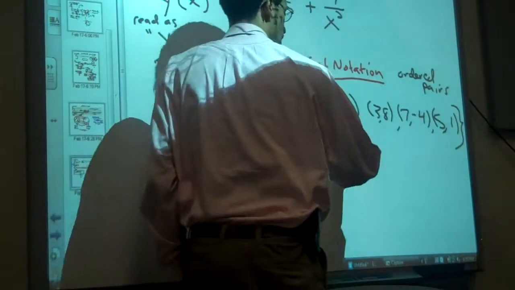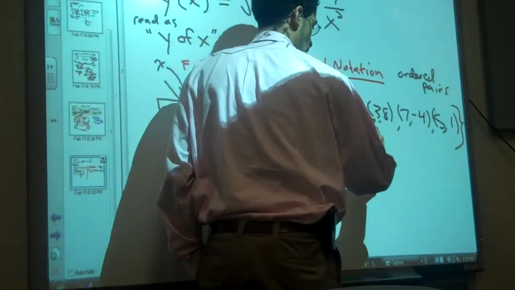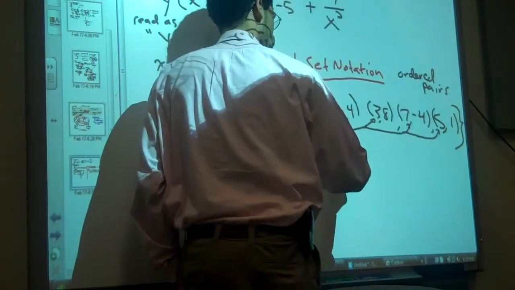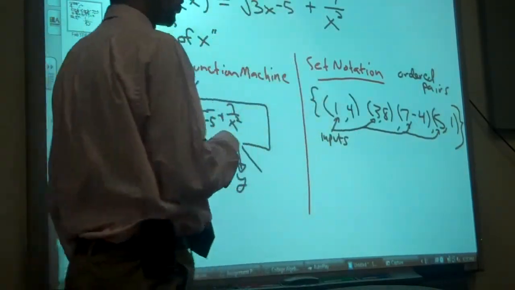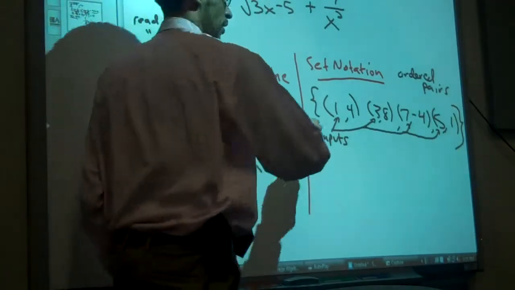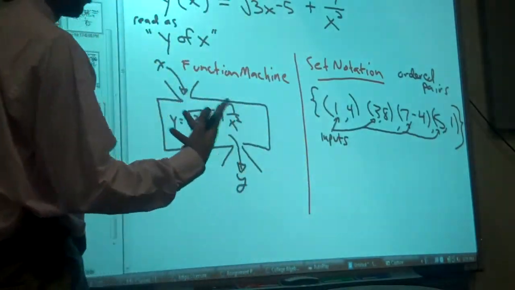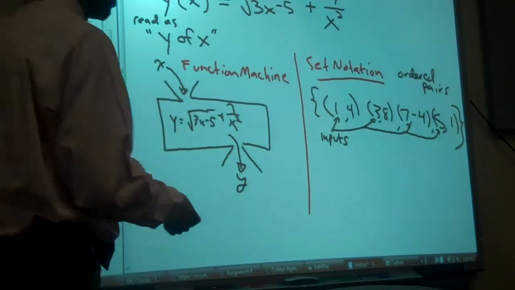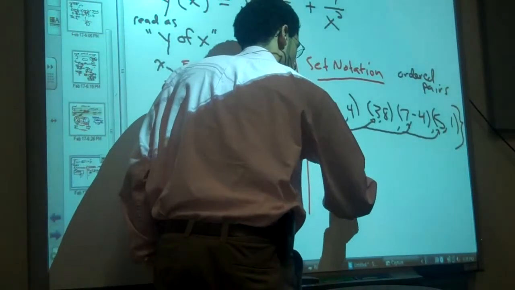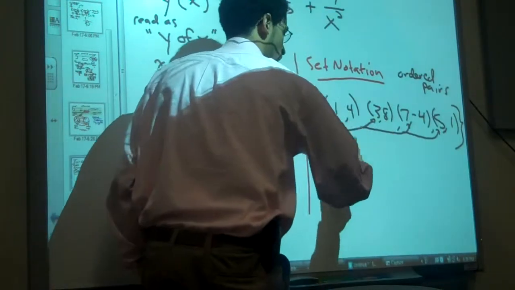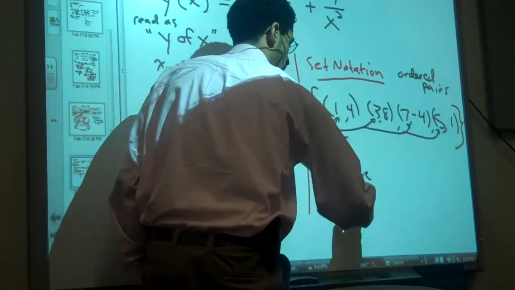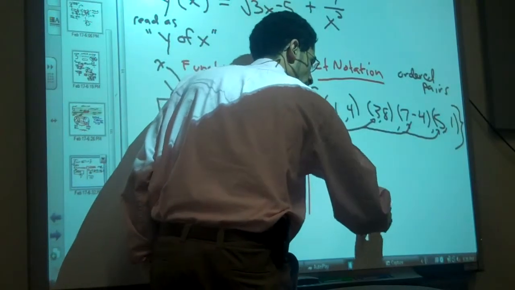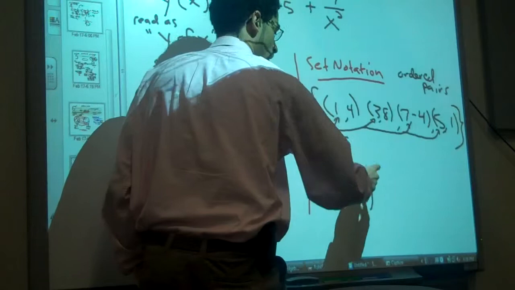where these guys are my inputs. There's only 4 of them. And I have to make sure that they go to one and only one output, and they do. If I had a repeated input, then I better have the same output. I can't have something like this, where I take another point in here and say 3 and make it go someplace else, -9. This can't be in there with the rest of them.